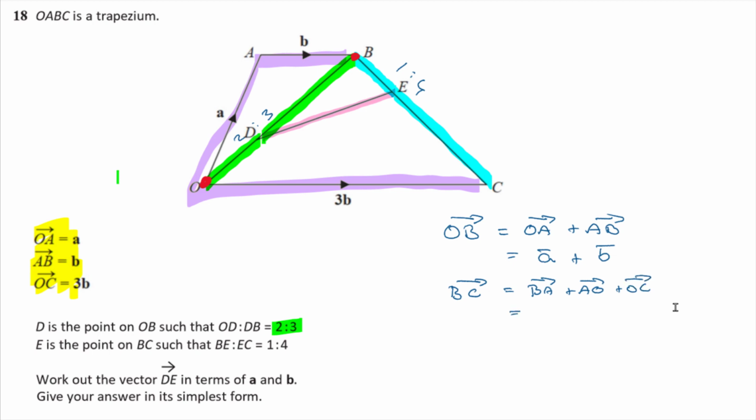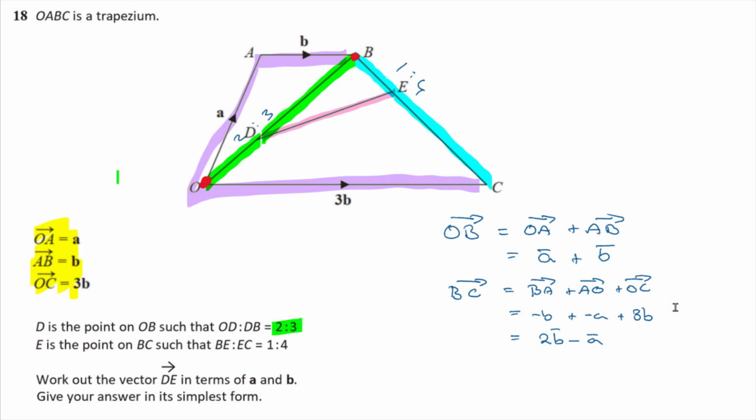So B to A, that's minus B. A to O, that's minus A. And O to C is 3B. So collecting like terms, that is 2B minus A then, isn't it? Okay. So I've got O to B, which is A plus B, and I've got B to C, which is 2B minus A. Okay, now we want to go from D to E.